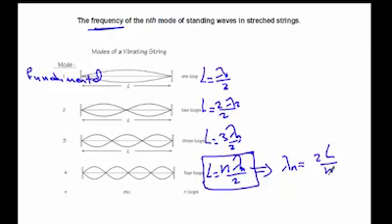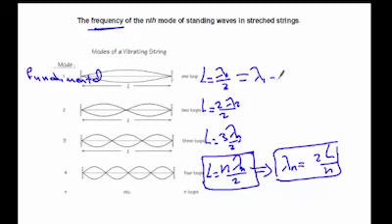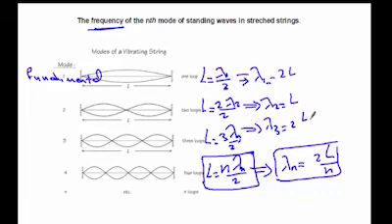So lambda 1 equals 2L, lambda 2 equals L, lambda 3 equals 2L over 3. So lambda always equals 2L over n.